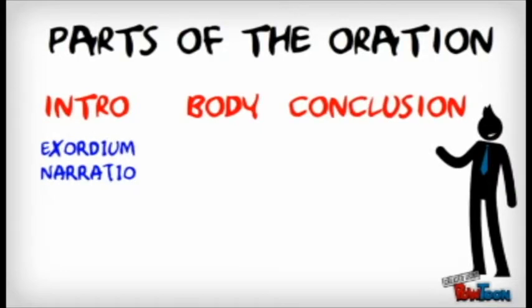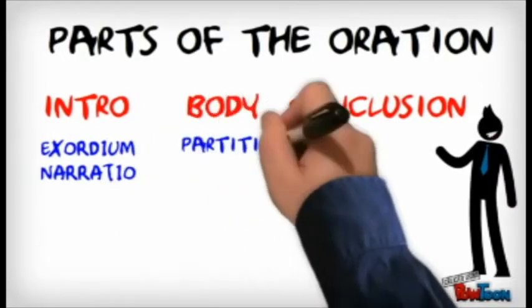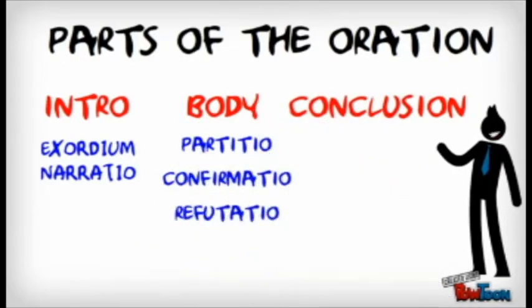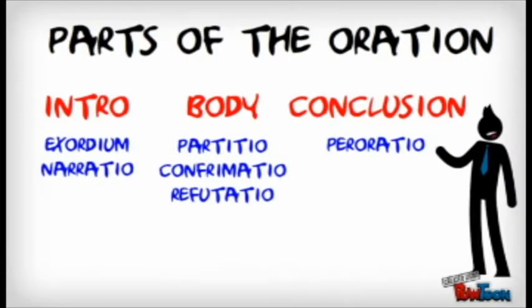The next 3 parts, considering the body, are the partitio, in which the orator provides an outline of the treatment of the point to be proved, the confirmatio, which is the affirmative argument, and refutatio, which is a rebuttal against the opposite side. The final part, which makes up the conclusion, is the peroratio, in which the orator briefly recapitulates, arouses emotion, and finally appeals to the sympathy of the audience.